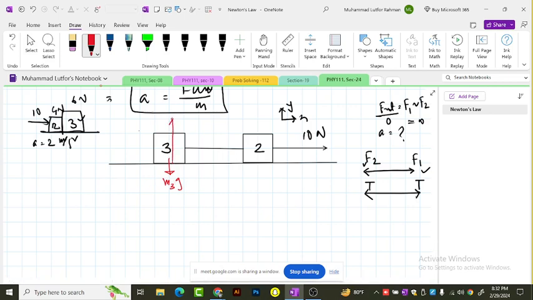It should be N3, that's the reaction force on the block provided by the surface, which should be upward. And there will be one more force actually, the tension over here, right? This is the tension applied by the 2 kg body on the 3 kg body, because when you are dragging this one, this 2 kg will move towards that direction.